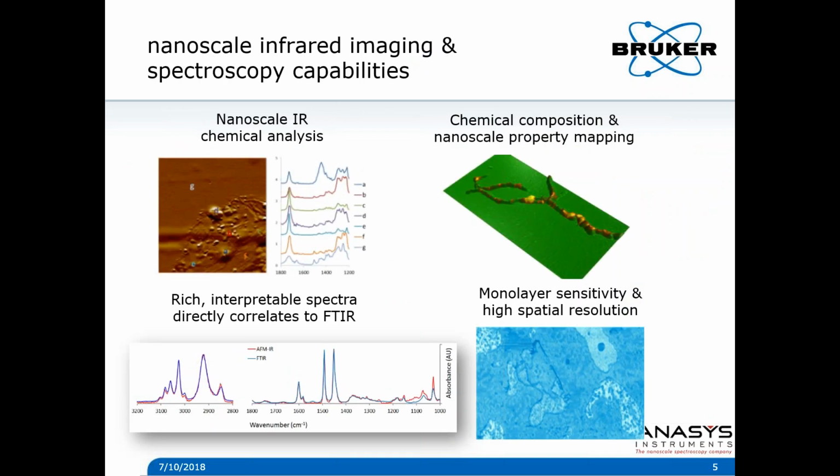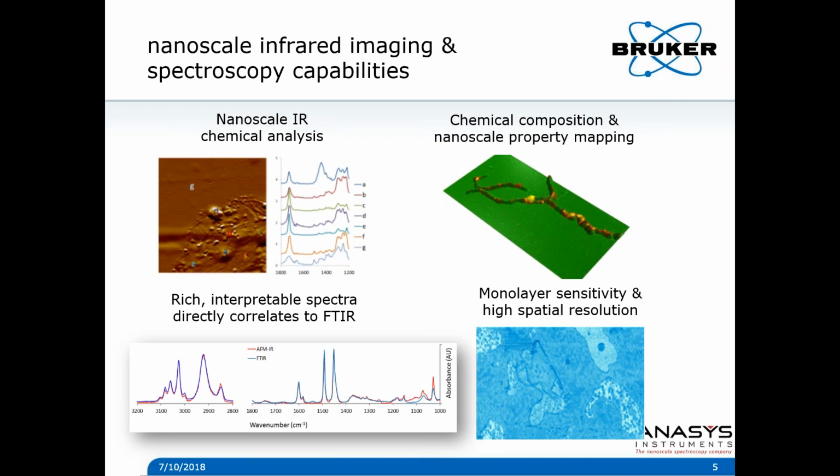For those of you who may not be familiar with nanoscale IR, here is a quick overview of what it can bring you. Basically, it gives you infrared chemical analysis at the nanoscale, at around 10 nanometer levels. You can do chemical composition and nanoscale property mapping.